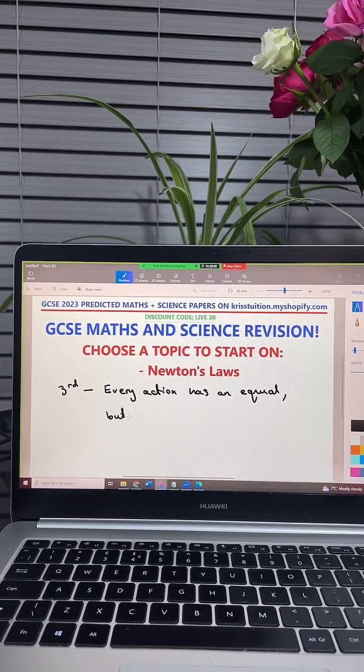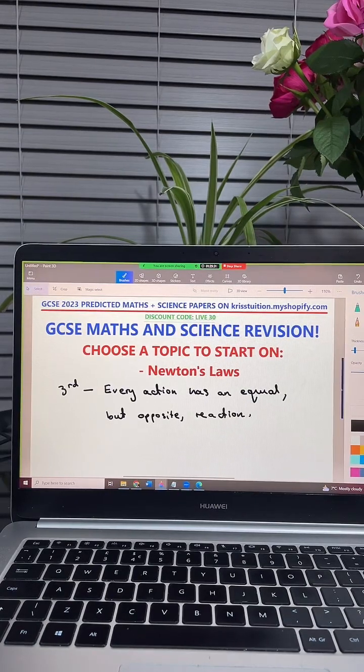Every action has an equal but opposite reaction, okay? And what that means is if there is a force acting on something, there will be an equivalent force acting backwards onto that something, okay?